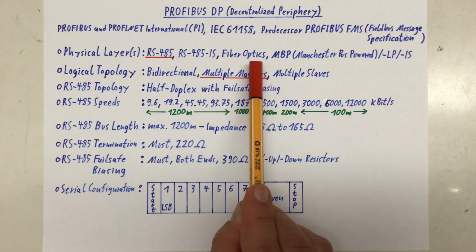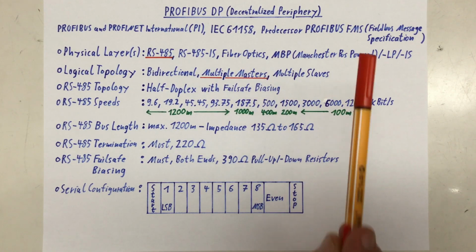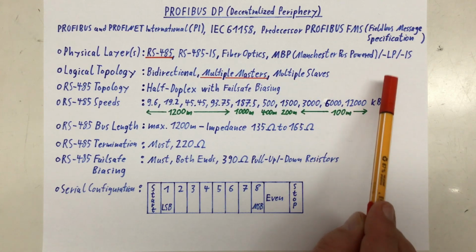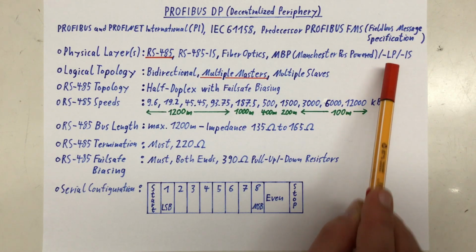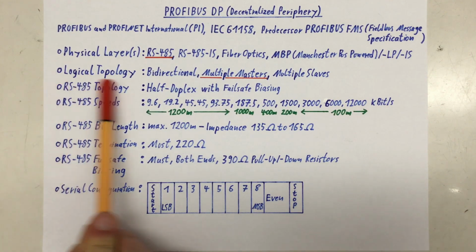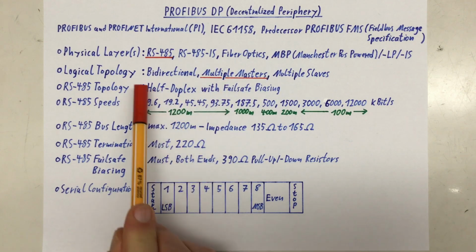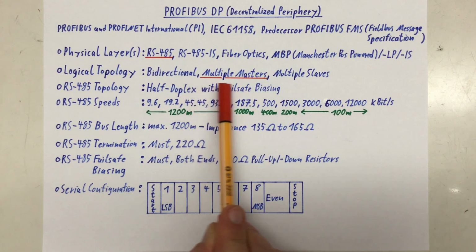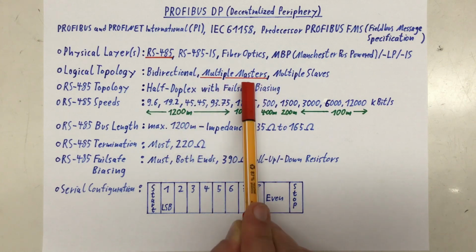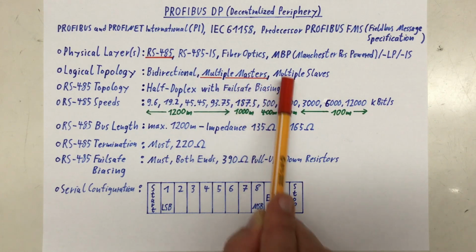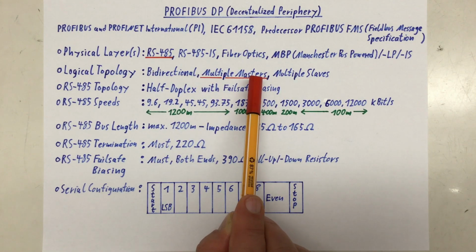Fiber optics are possible, and MBP, that's the Manchester Bus Powered, also in the versions low power LP and again intrinsically safe IS. The logical topology is of course bidirectional communication, and here it comes, between multiple masters and multiple slaves. We will have a look at that multiple master stuff later on.